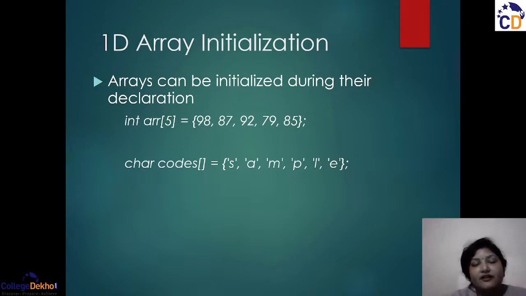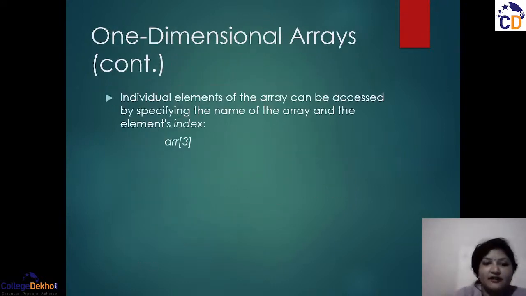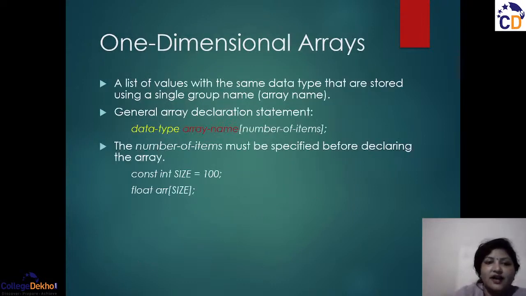I have defined the array name as ARR and the data type is integer, right? And how many elements does it have? It has 5 elements: 98, 87, 92, 79 and 85, right? So how is it stored? At the time of initialization, at the same time I have given the values also. In the previous slide, I have not given any.